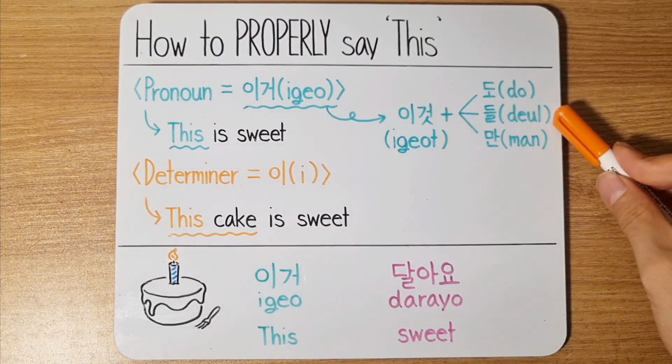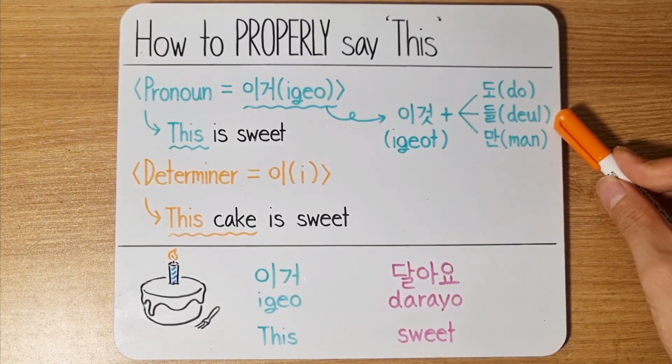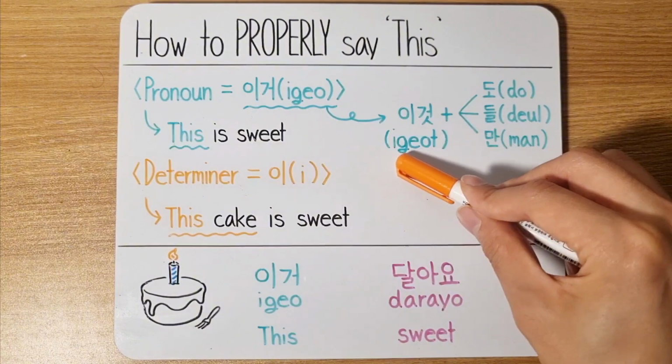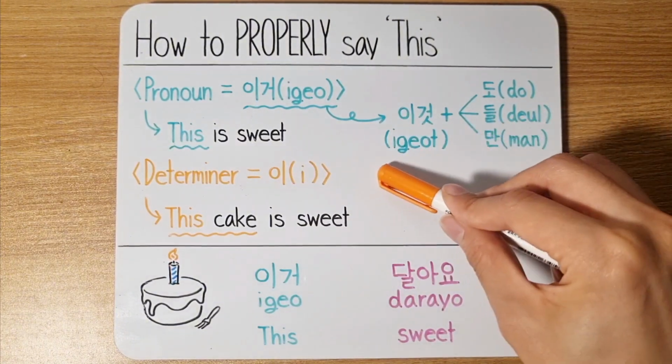So, in that sense, it is the equivalent of s as a plural. So if you want to say these, indicating that the number of the noun is more than one, you can say 이것들.